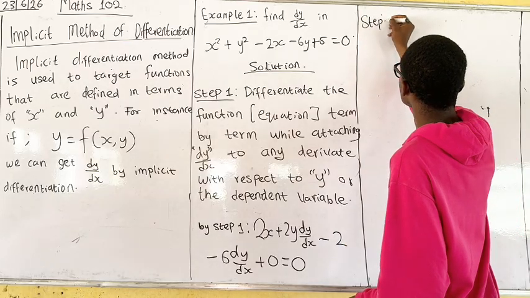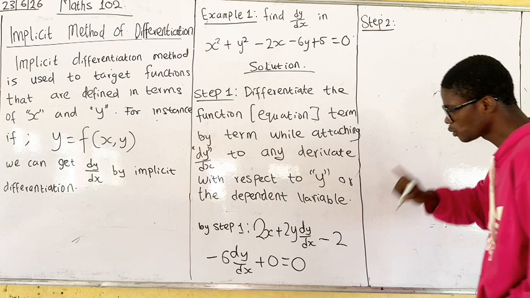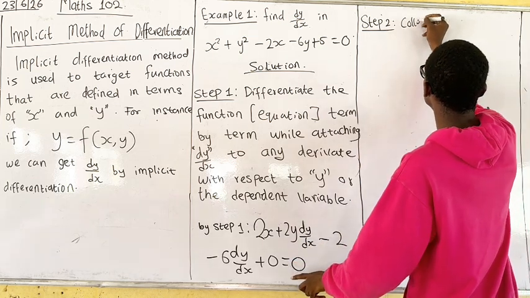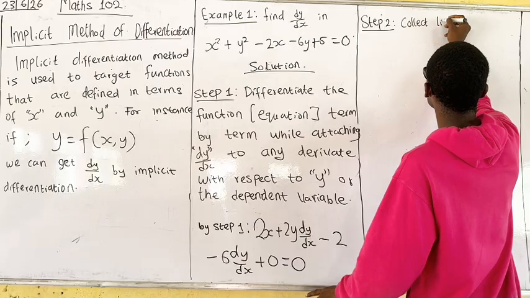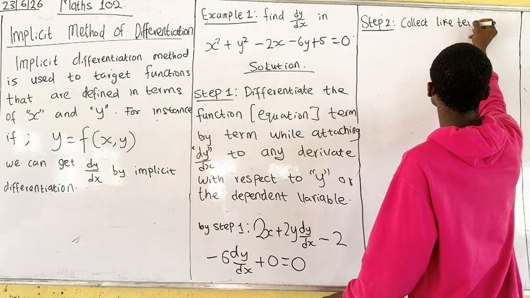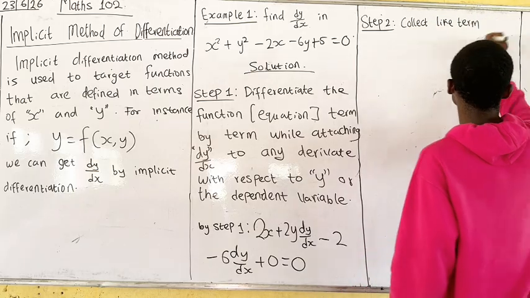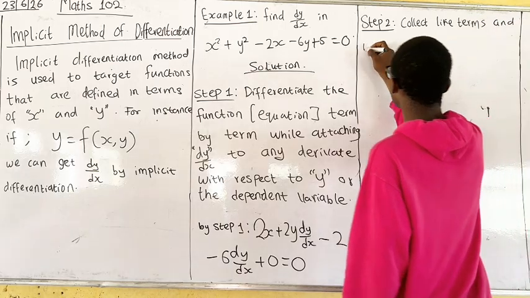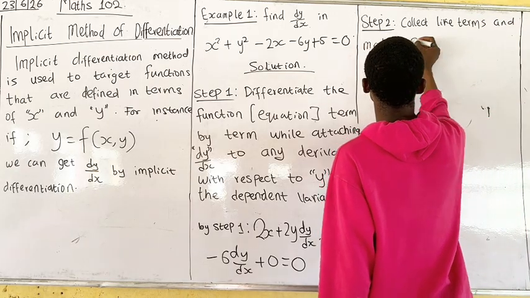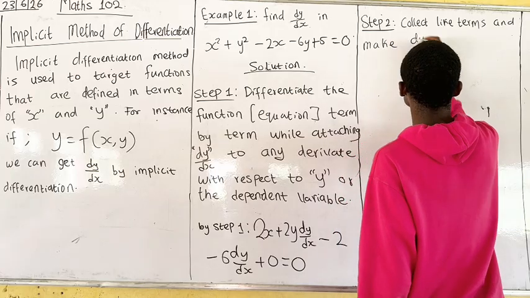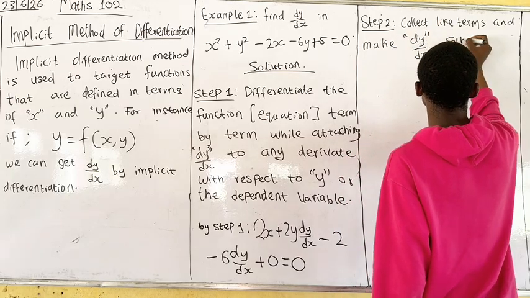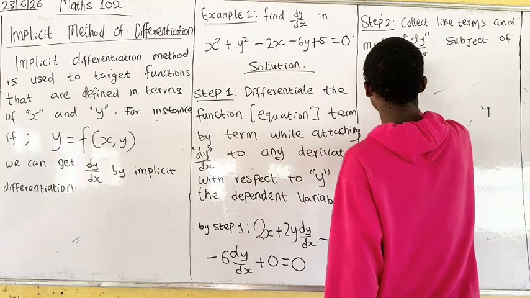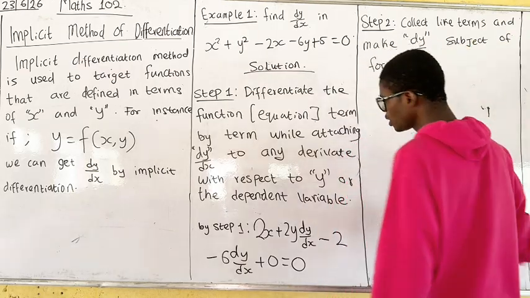Step 2 says that you should collect like terms and make dy/dx the subject of the formula.